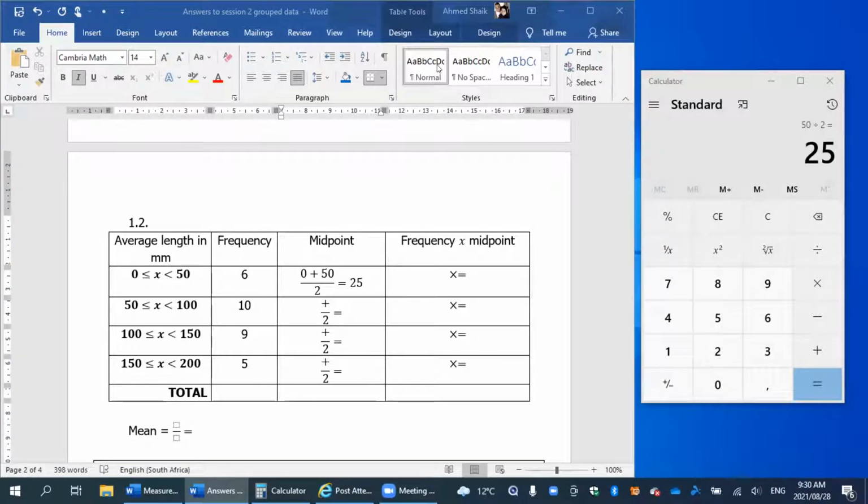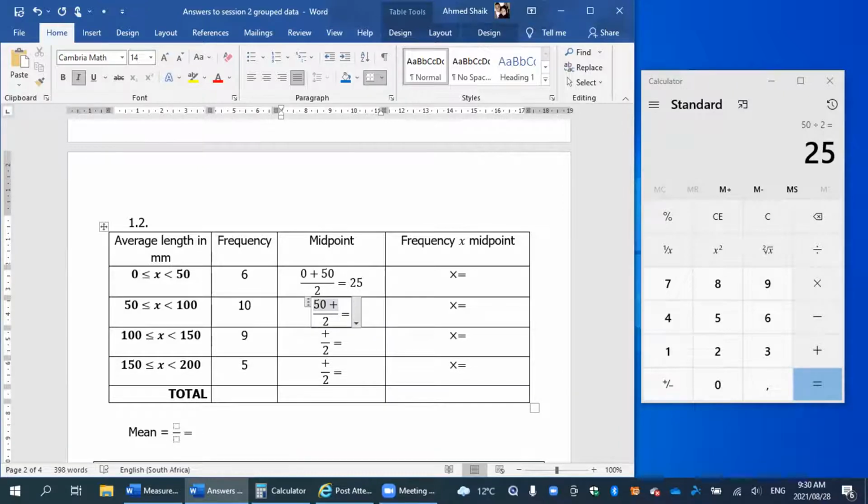Let's look at our next interval. And we have our first value of 50. Our second value is 100. Let's enter that into our calculator. And that gives us an answer of 75.